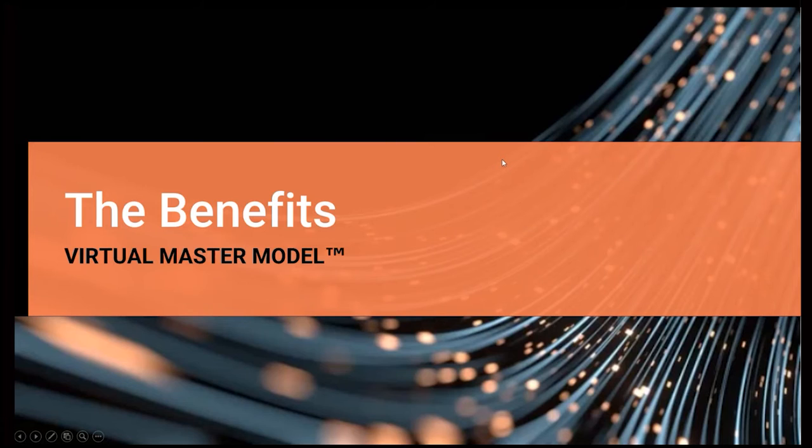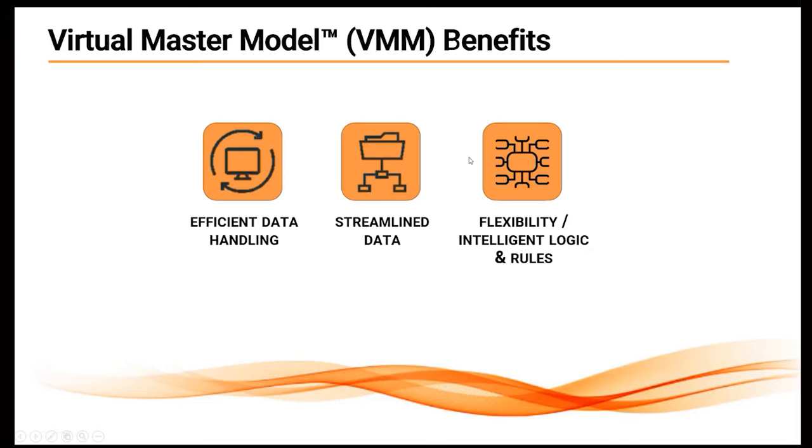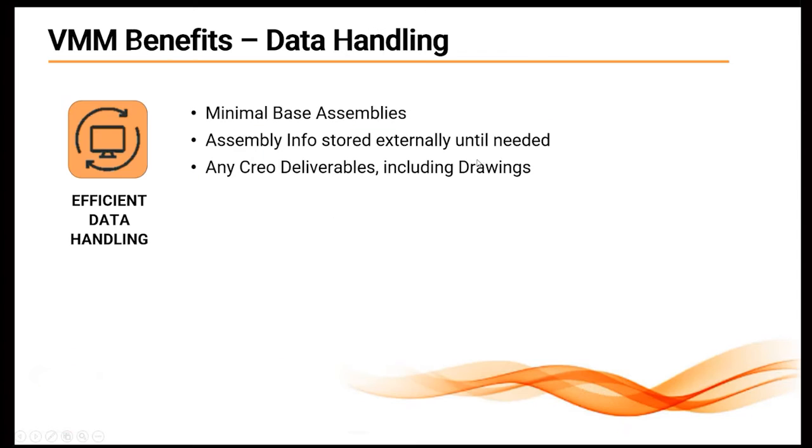So that's one. The benefits, we kind of view them in three different kinds of buckets. The first one is these minimal base assemblies. Base assemblies, I showed you something that starts from scratch, from zero, but in certain products, you might have maybe 30% that always exists and you start building on it.